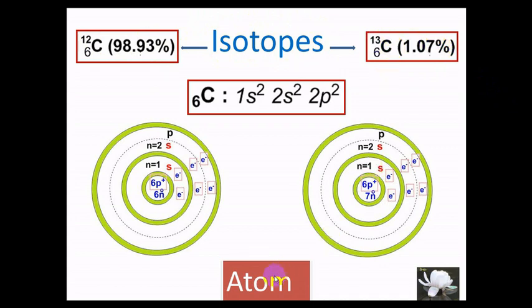If we look at one atom of each of these isotopes, they have the same atomic number, the same proton number in the nucleus, but carbon-12 has 6 neutrons and carbon-13 has 7 neutrons. This information is important for some spectroscopy techniques.